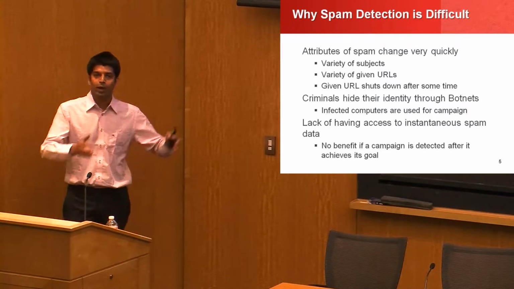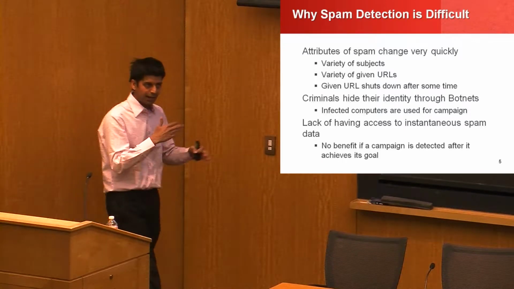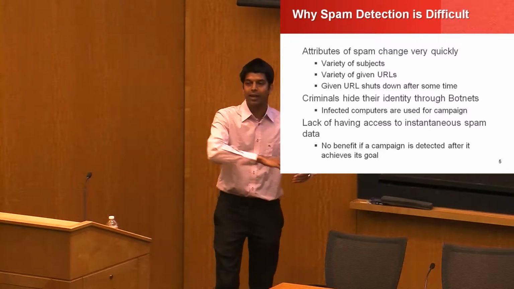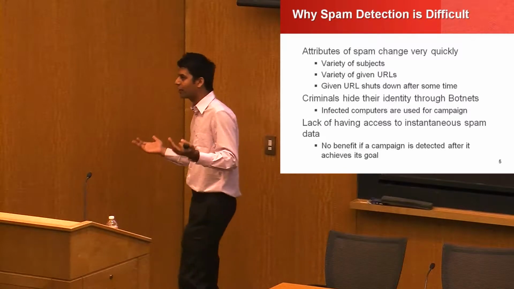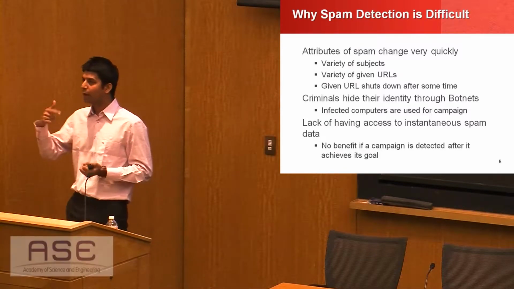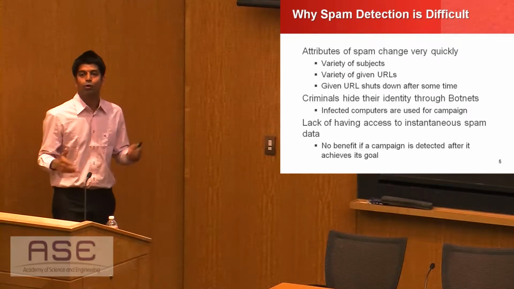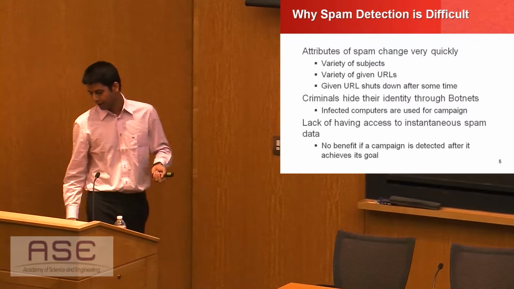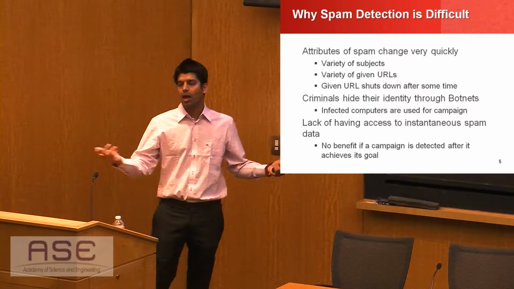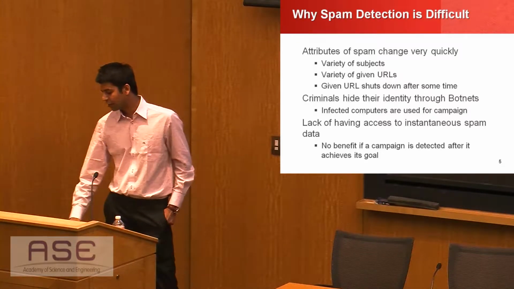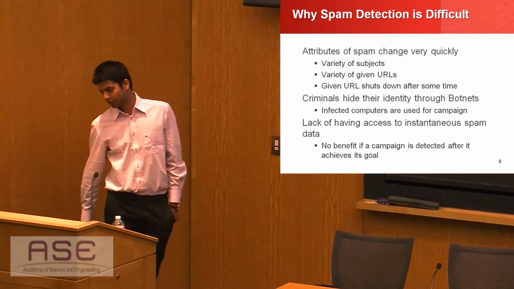We have plenty of spam email, we analyze it, now we have a model, and then we apply it. But by this time, spammers have already reached their goal. So we have to access spam email instantaneously to detect the spam campaign instantly. This is why it is difficult, as we don't have access to the spam email when it reaches our mailbox.